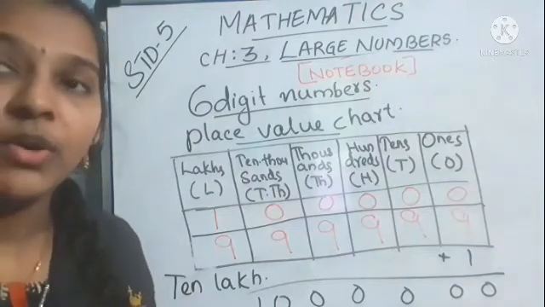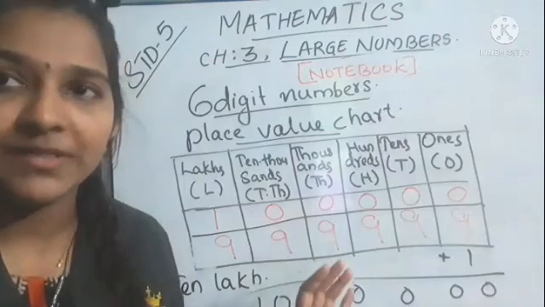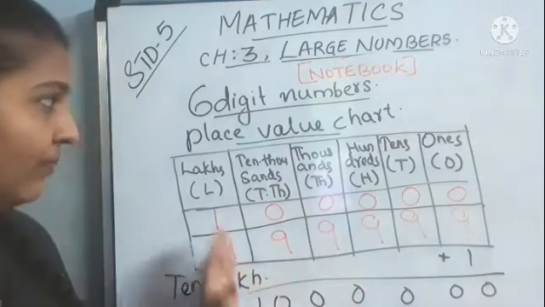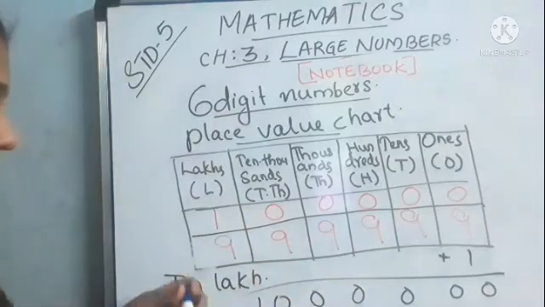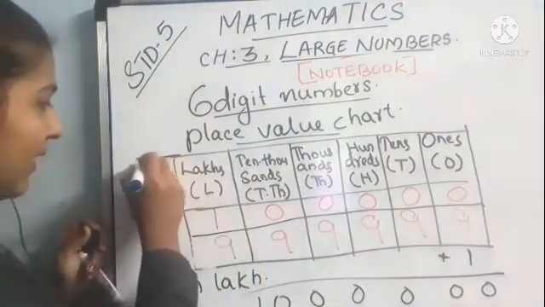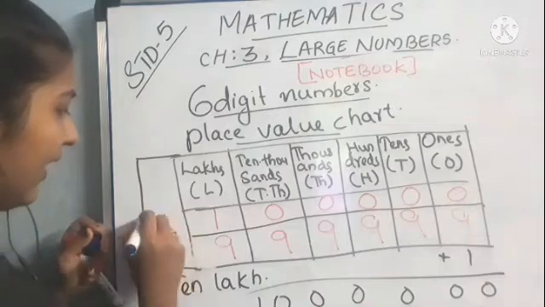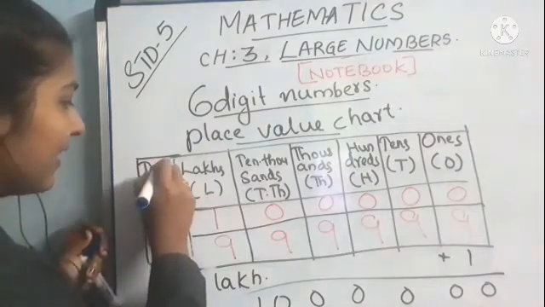Children, do you know how to represent this number on a place value chart? I will show you. The place value chart of a 7-digit number will look like this. One more place will come here, and that is the 10 lakhs place.